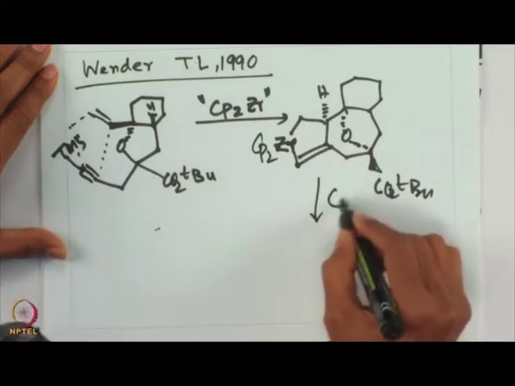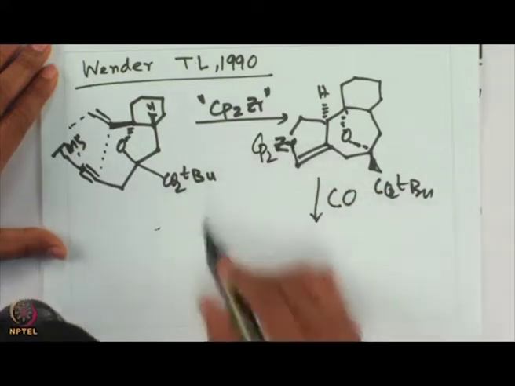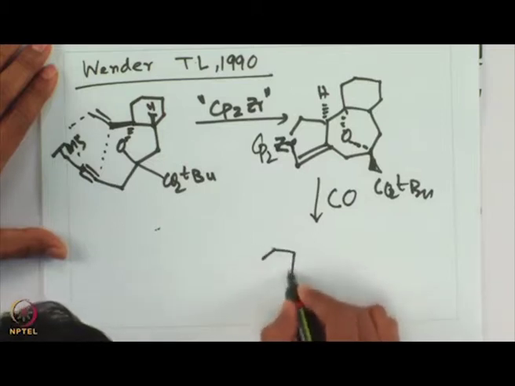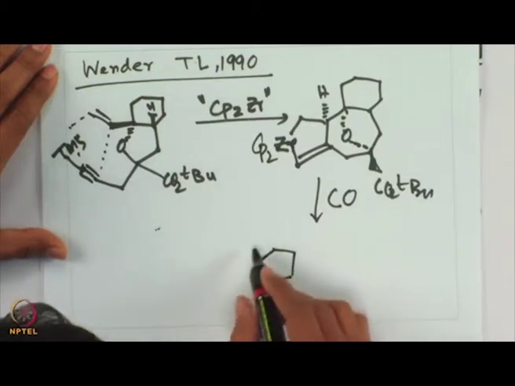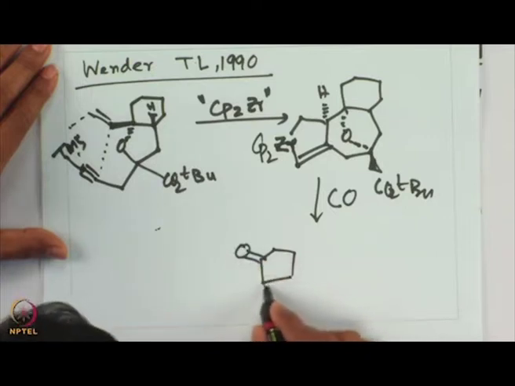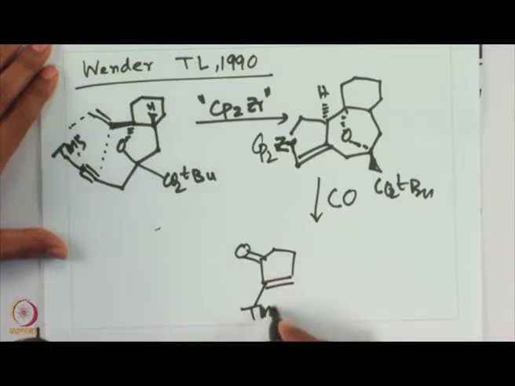From there on, if you react with CO, you should be able to incorporate the CO over there to form the advanced intermediate that is required for the Daphnane synthesis.